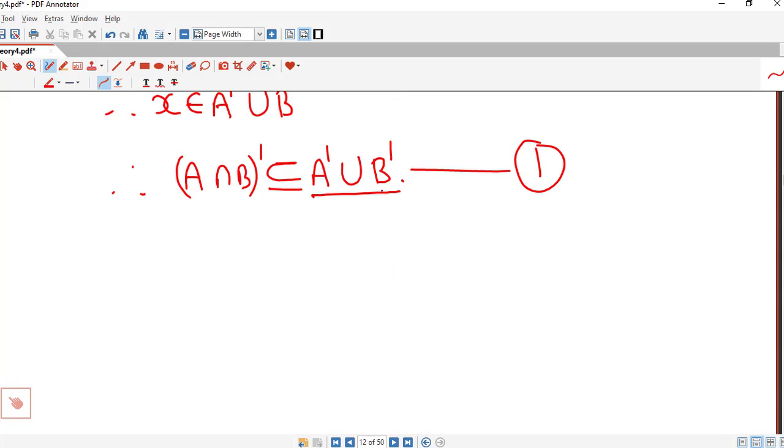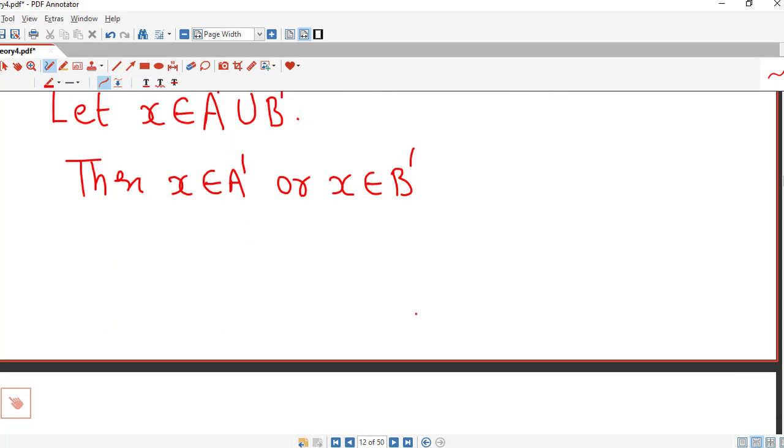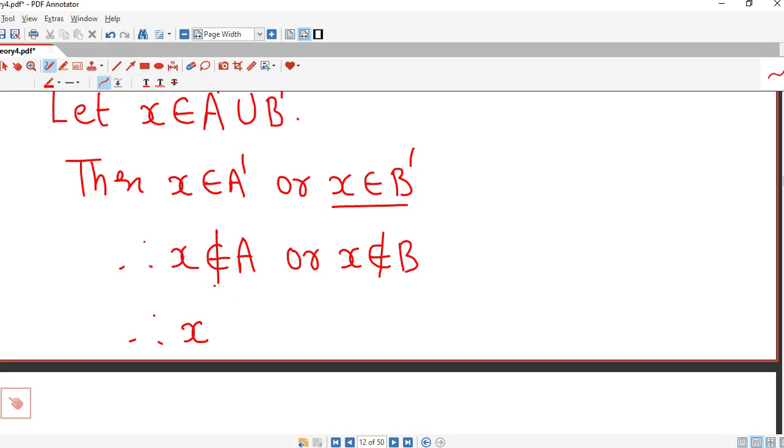Now we take any element in this union and we show that it is present in this set. Let X belong to A dash union B dash. Then X is in A dash or X is in B dash. Now if X is in A dash, then X cannot be in A, or if X is in B dash, X cannot be in B. So X is not in A or X is not in B. That means X cannot be in the intersection.